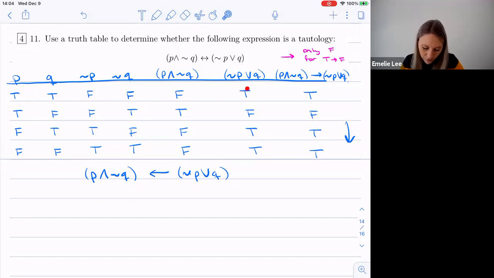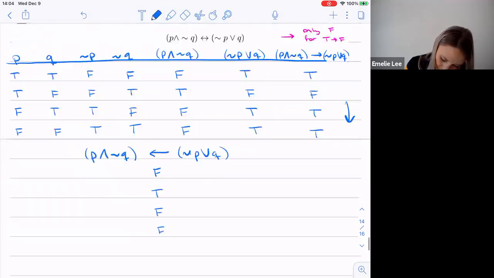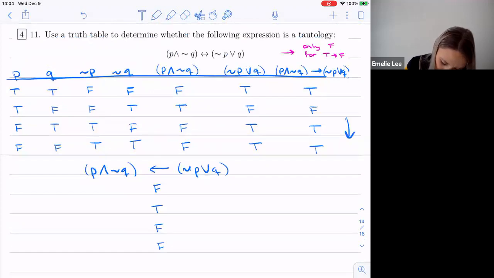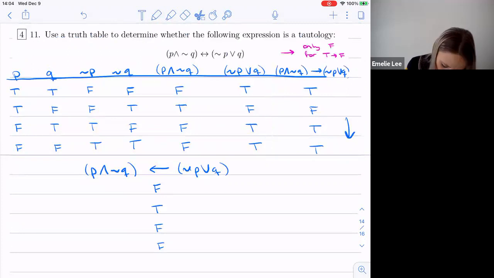Whereas I'm going to go from here, right, to here. So true to false is false. False to true is true. True to false is false. And true to false is false. And maybe what I'll do is I'll copy this just because I can.